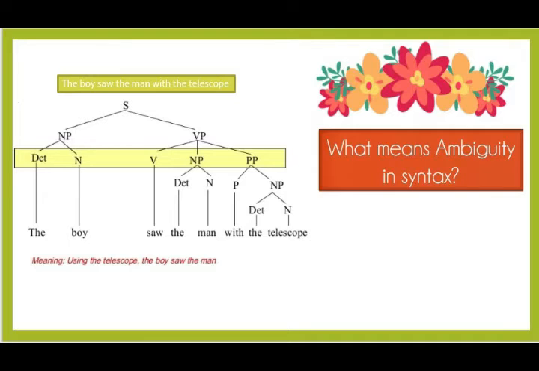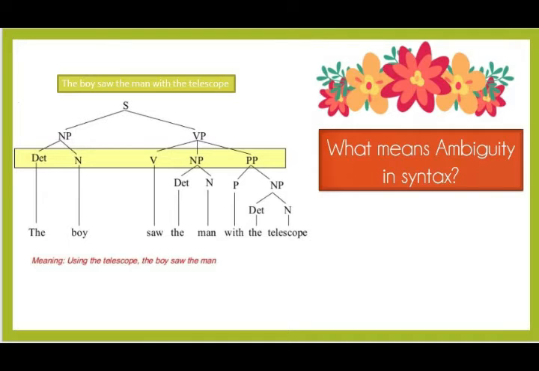One meaning of the sentence, in this case, is that the boy used the telescope to see the man. The sentence structure represents this meaning. The key element is the position of the prepositional phrase directly under the verb phrase.